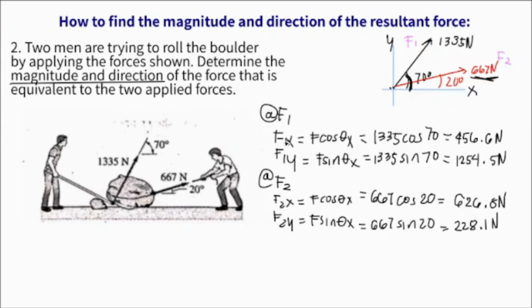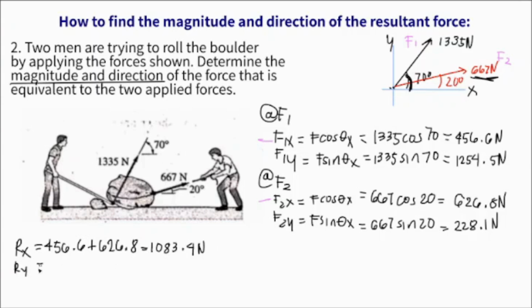For the x components first, to find Rx: Rx will be 456.6 plus 626.8, which gives 1,083.4 newtons.